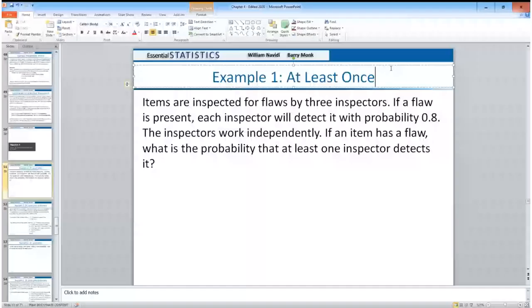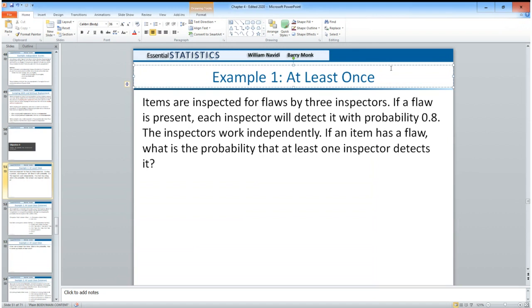All right, so this is sort of like a factory, and items are inspected for flaws by that camera. If a flaw is present, each inspector will detect it with a probability of 0.8, or about 80% of the time an inspector is going to catch it.